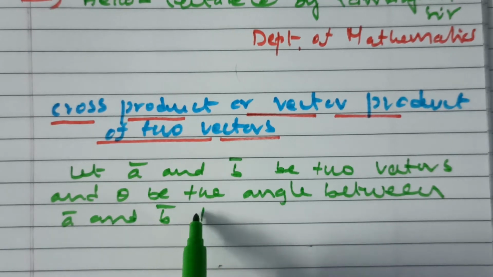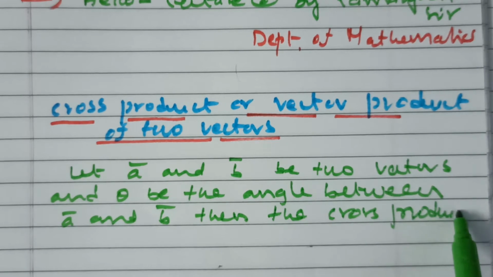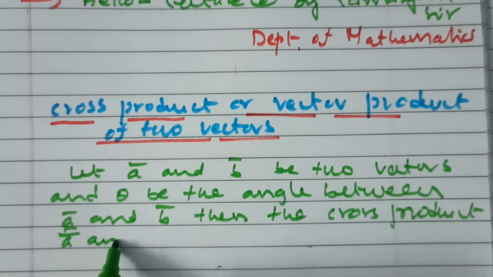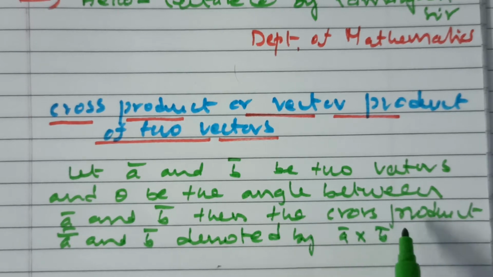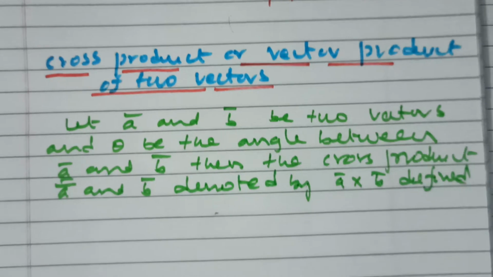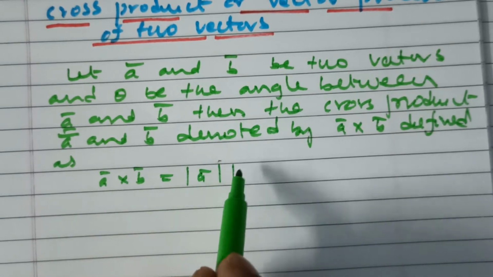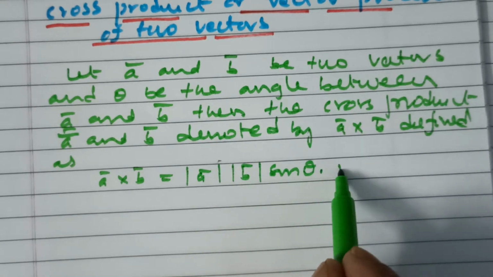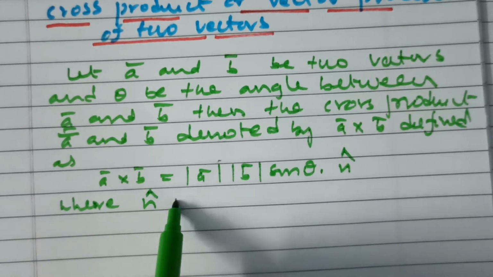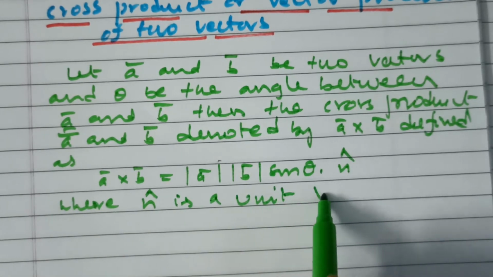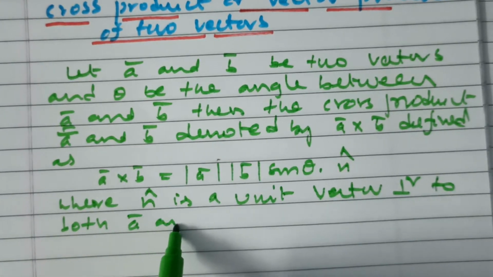Then the cross product of A bar and B bar, denoted by A bar cross B bar, is defined as A bar cross B bar is equal to mod A bar into mod B bar into sin theta into n cap, where n cap is a unit vector perpendicular to both A bar and B bar.